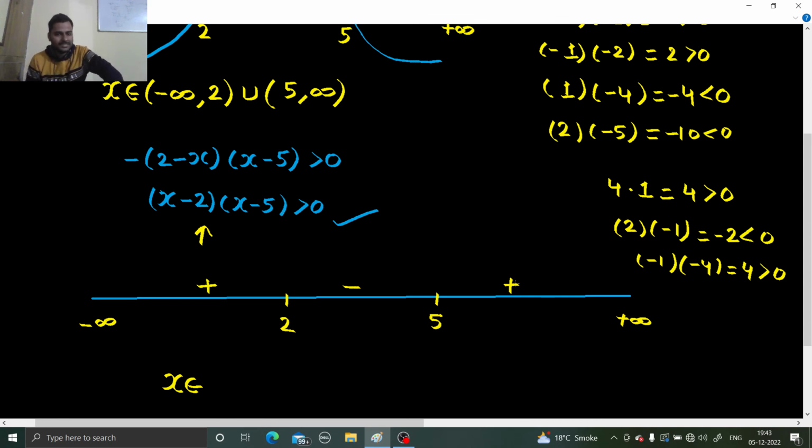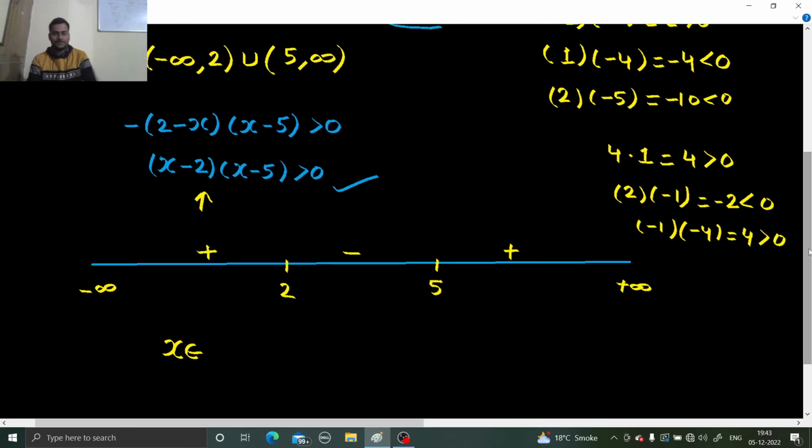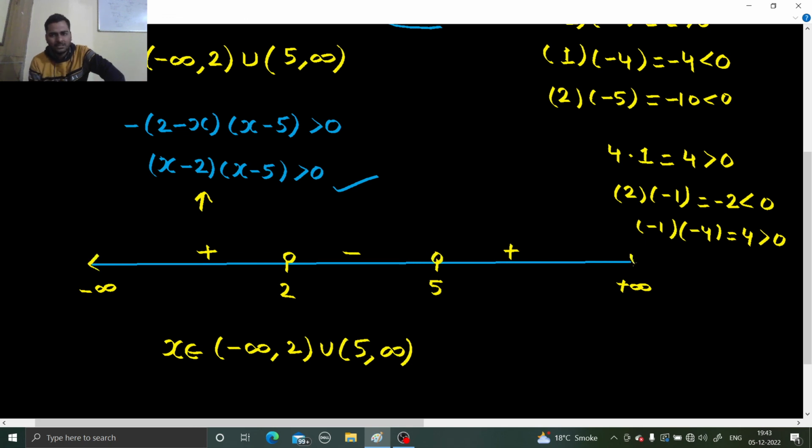So two regions are there. Regions are the same although, but signs have changed. So your solution will include minus infinity to 2, open bracket, 5 to infinity. I don't need you to tell me why open bracket, because equality is not there. And there you go. If you want to show it graphically, then just take the portion having positive, open circle at 2 and 5.